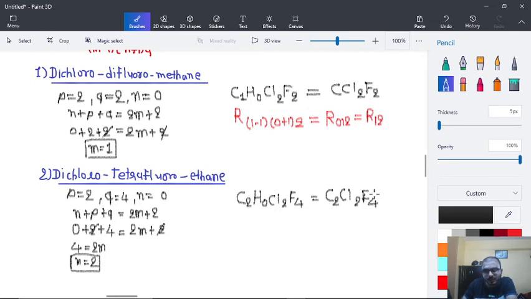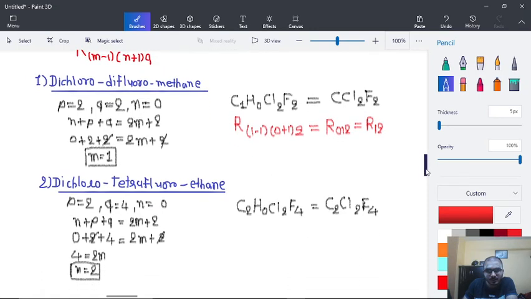and the final answer will be like R, M minus 1, that is 2 minus 1, then N plus 1, that is 0 plus 1, then Q, that is 4, is equal to R114.